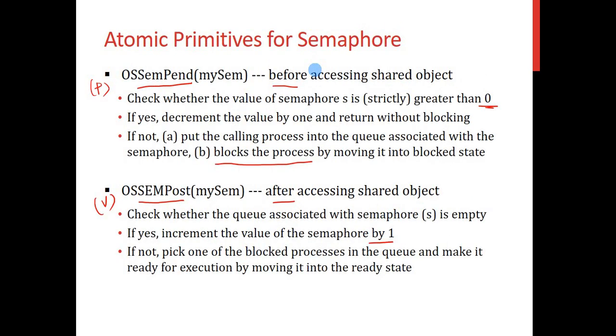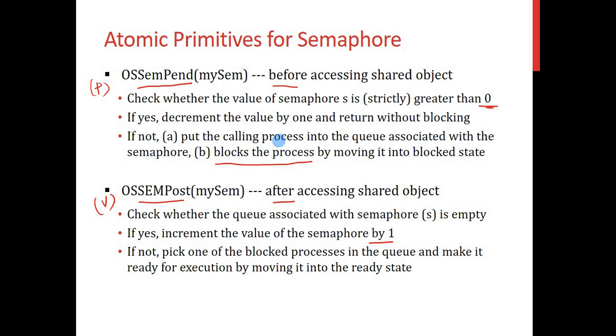One of the primitives for semaphore is OSSemPend and OSSemPost. Basically, when I take a semaphore, I check the value, and if it is greater than 0, then I can decrement by 1 and return. If not, I block the process. So it's similar to the mutex just now.